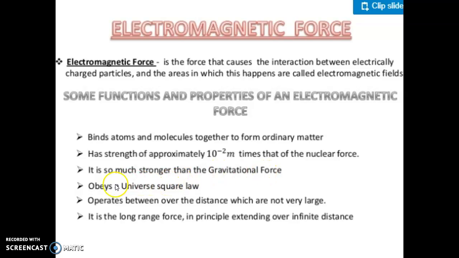Gravitational force obeys the inverse square law, meaning it depends upon the square of the distance between the two particles. It is inversely proportional to r square.